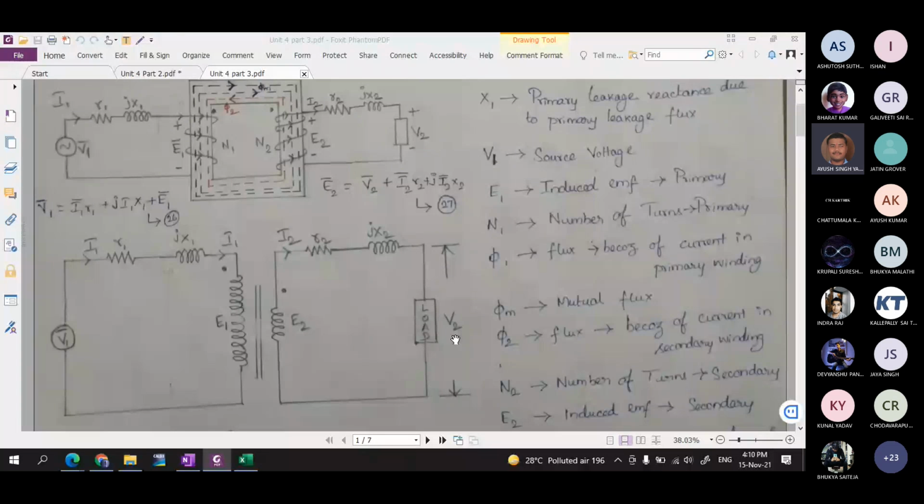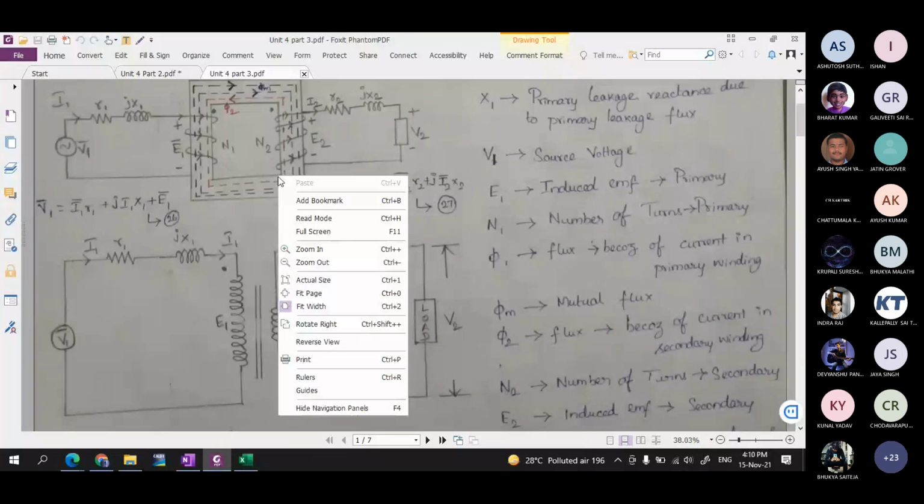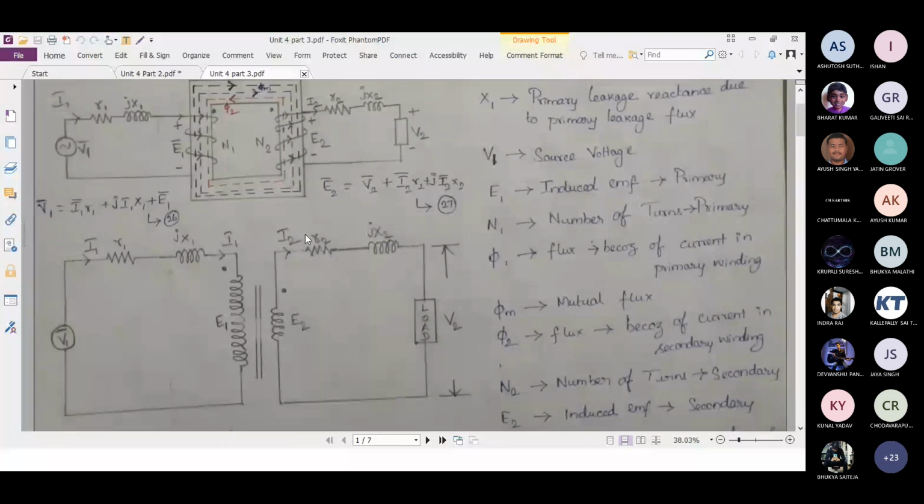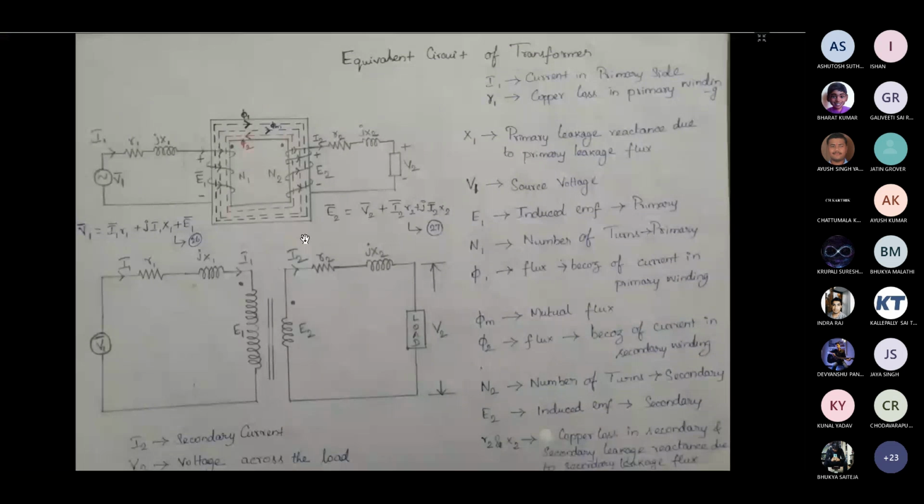So here, this complete part we are going to represent in terms of windings. Here it is actually a step down transformer, so it is mentioned like this.